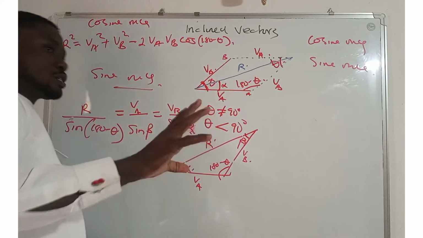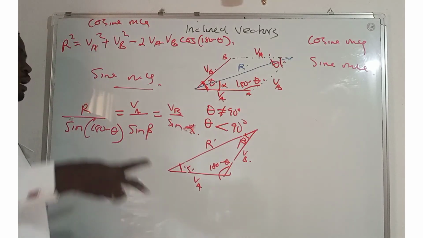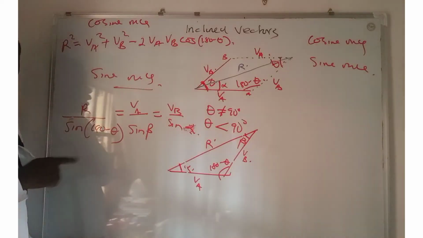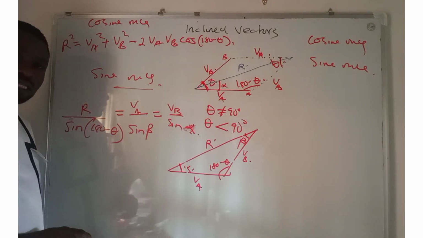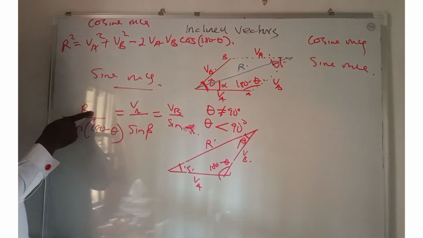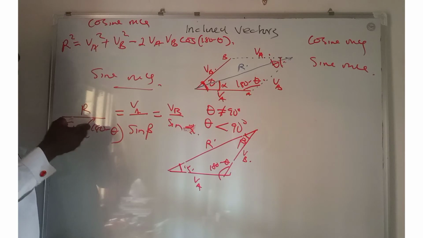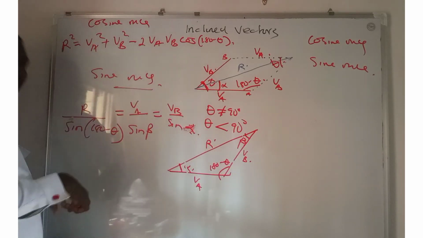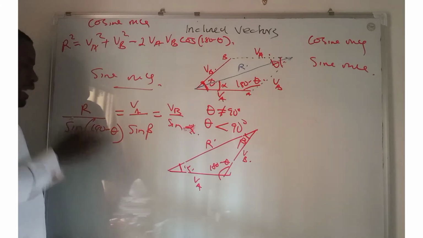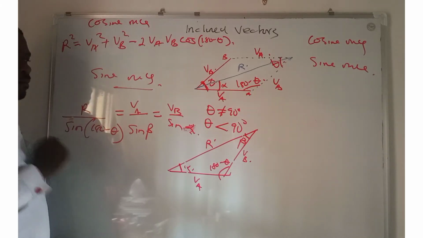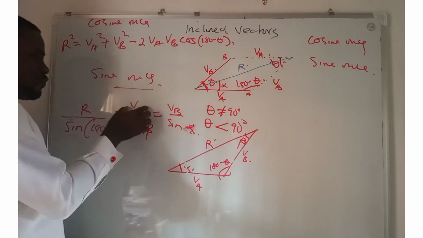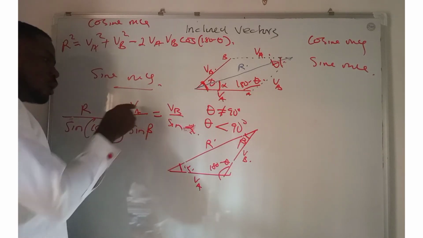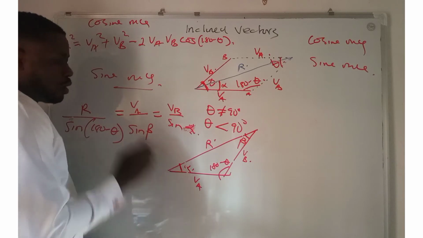The idea is that for you to apply the sine rule, every side you're interested in must be divided by sine of the angle of that side. So for instance, we are taking R. I want to find R. So R, which of course is the side, has to be all over sine of the angle that is facing the side R. That has to be equal to VA all over sine of the angle of A, and that angle is beta.